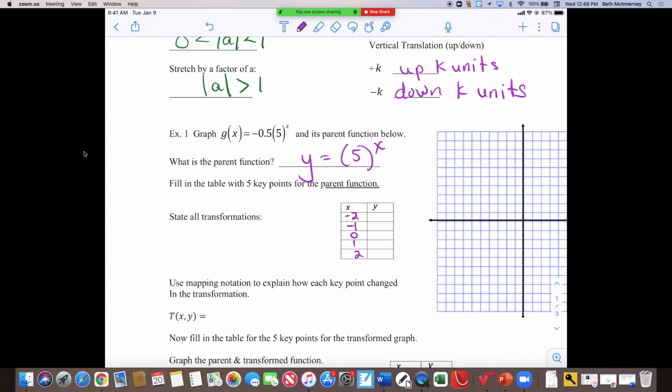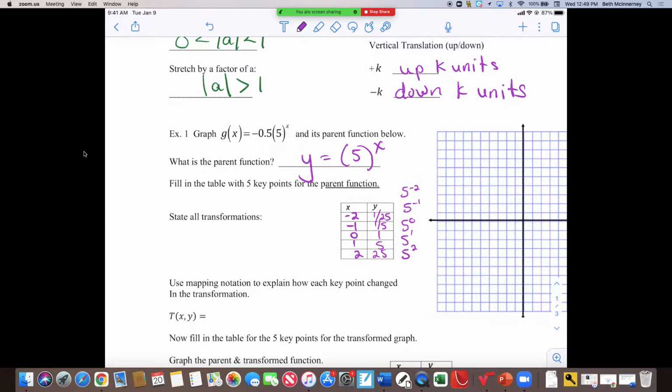I personally prefer to start with the bottom because I know how to do 5 squared. And then I work my way up the table. So 5 squared would be 25. 5 to the first is 5. What's 5 to the 0 power? 1. All right, now you really should not be touching your calculators. 5 to the negative 1 is 1/5. 5 to the negative 2 is 1 over 5 squared, or 1 over 25.